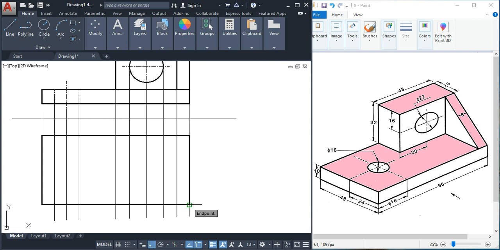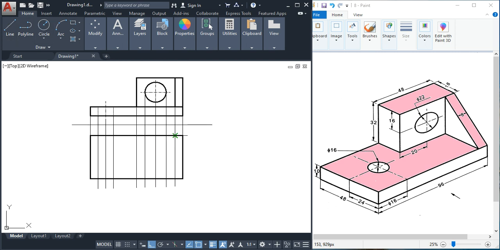From this point you can measure a distance of 48 here, or from the front view you can directly join here.